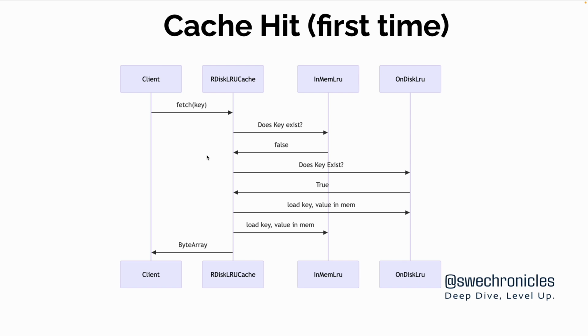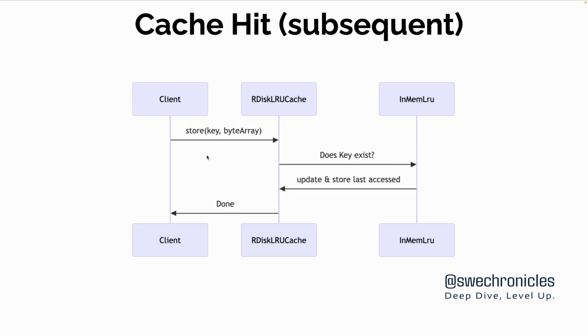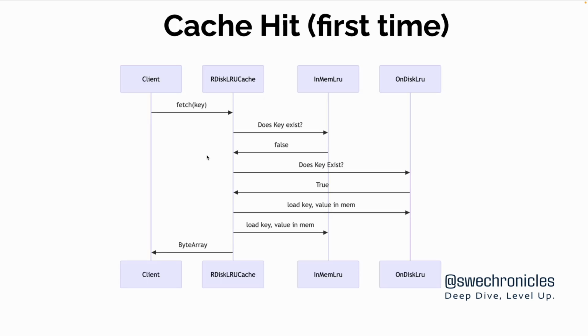We then check the on-disk LRU cache to see if the key exists. The on-disk LRU responds, indicating that the key does exist. And hence, now we load the key pair from the on-disk LRU cache into memory. Finally, we update the timestamp that the key was retrieved and we return that to the client.